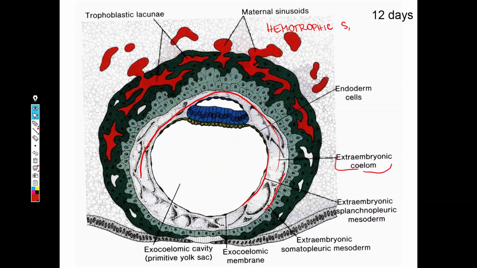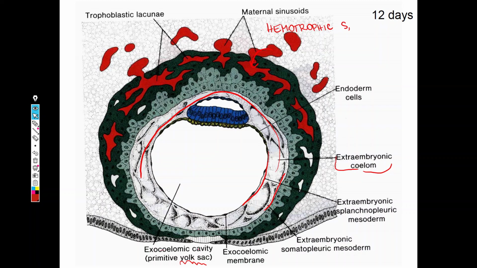So some spaces are made here and coelom is developing. And the splanchnopleuric mesoderm is very close to the exocoelomic cavity or primitive yolk sac. Yolk sac is maybe a better name for it. This is too complicated, exocoelomic cavity. Yeah, you can really confuse these two together, so let's just call it yolk sac for our purposes.